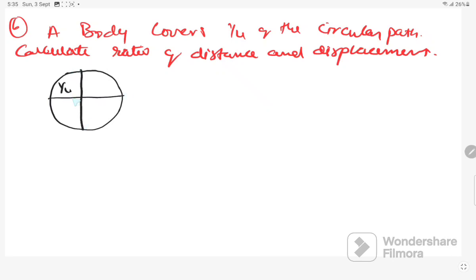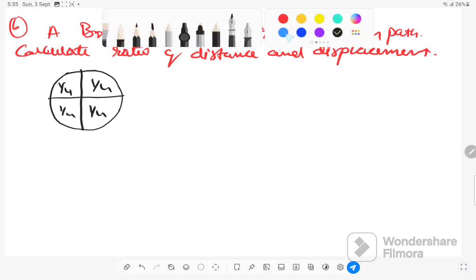This is 1/4, this is 1/4, this is 1/4 part, this is 1/4 part. That means in terms of path covered, suppose this is point A and point B. This is 1/4 of the complete distance. This is also 1/4, this is also 1/4.